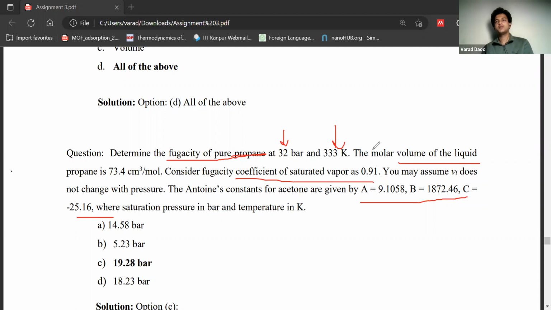Is the question clear to everyone? Anybody who has any difficulty in understanding the question can ask, and those who have understood the question can solve the problem.